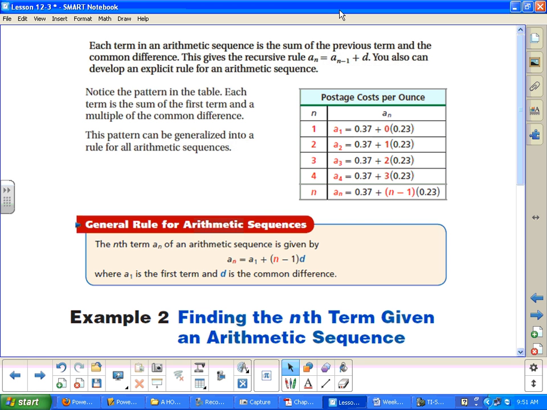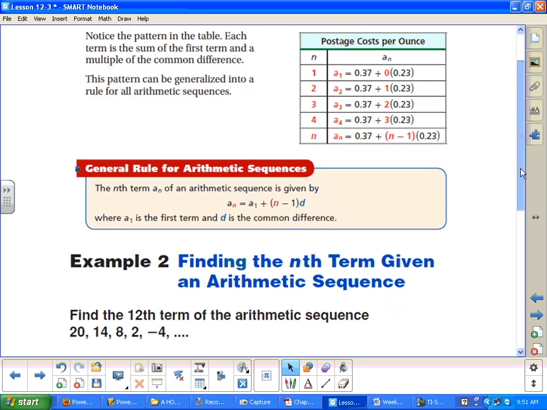So if we look at the recursive formula, remember we talked about recursive formulas in lesson 1. It just says I take my previous term and add the common difference, which is what we did to get those last terms, right? The next term, all I do is take the last term I had and add the common difference. Okay? That's using the recursive formula.